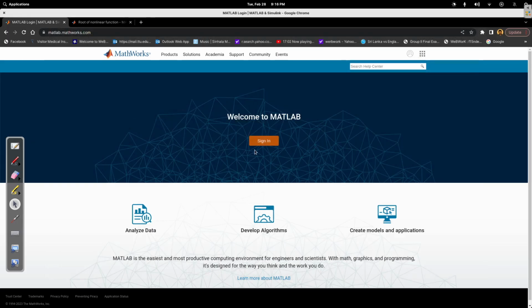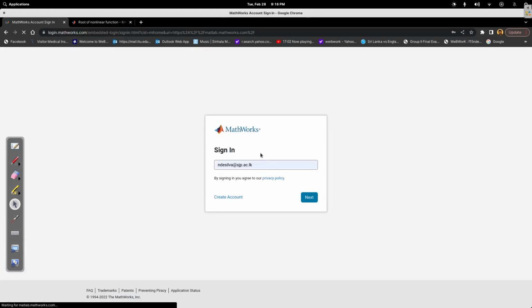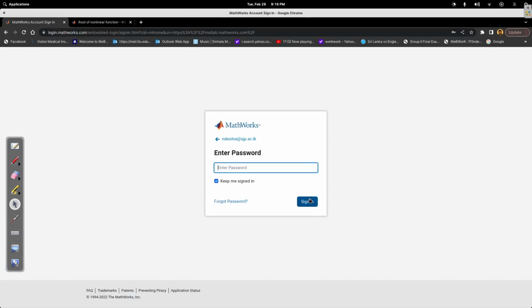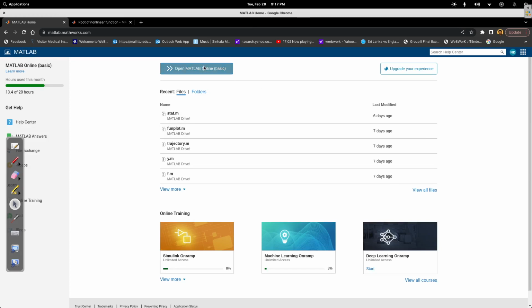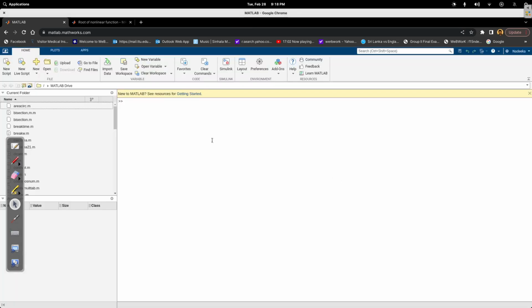So let me log into MATLAB. Before calling fzero, we need to draw an approximate plot to find the approximate root.